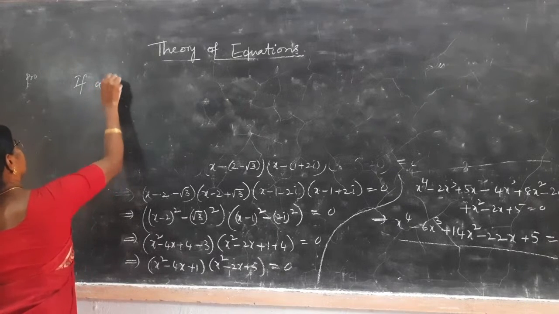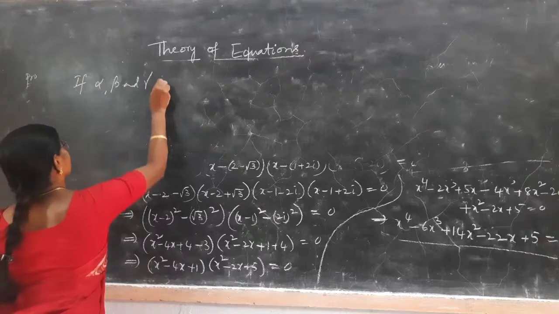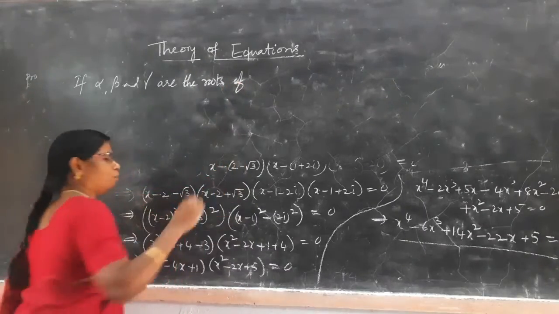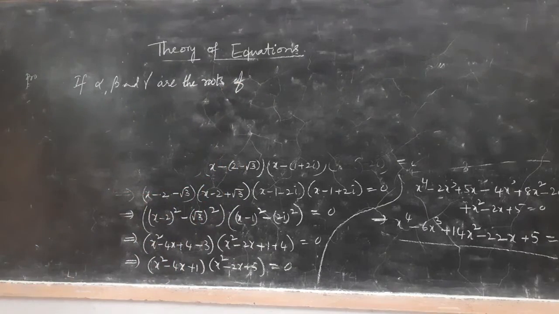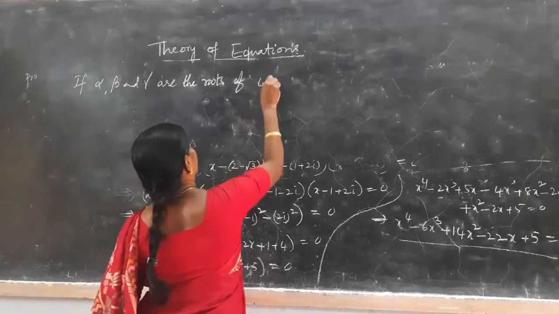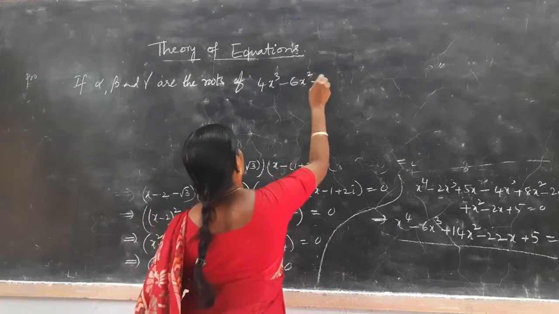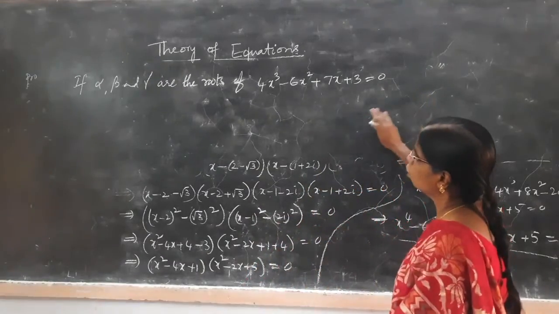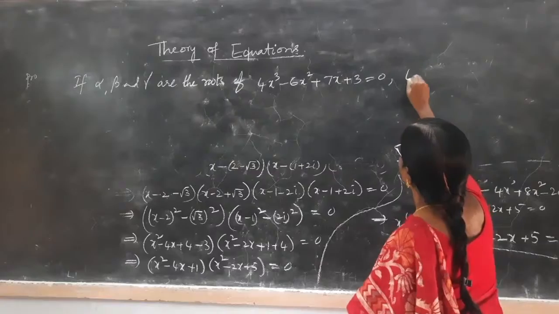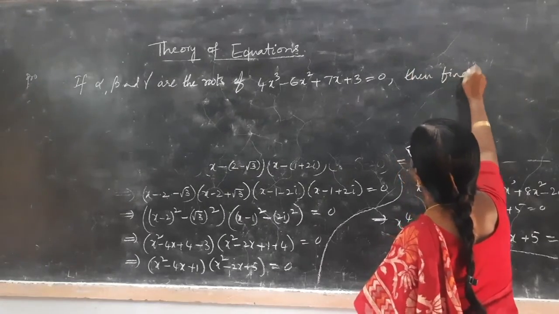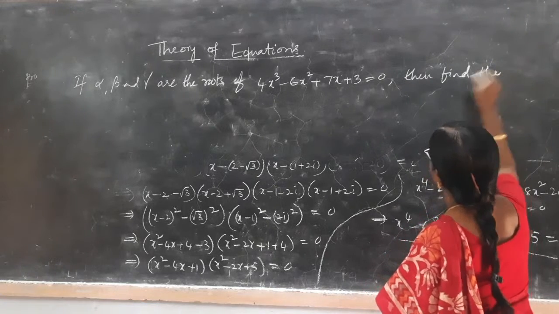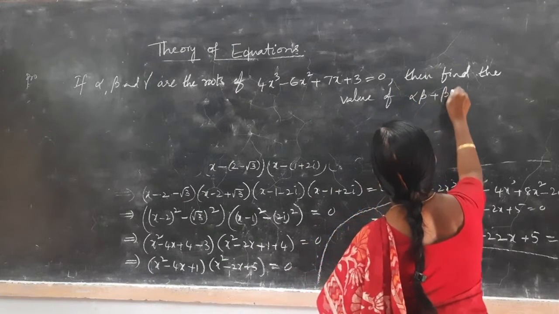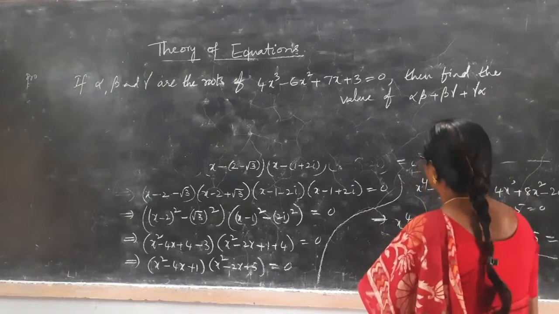If alpha, beta and gamma are the roots of 4x cube minus 6x square plus 7x plus 3 is equal to 0, then find the value of alpha beta plus beta gamma plus gamma alpha.